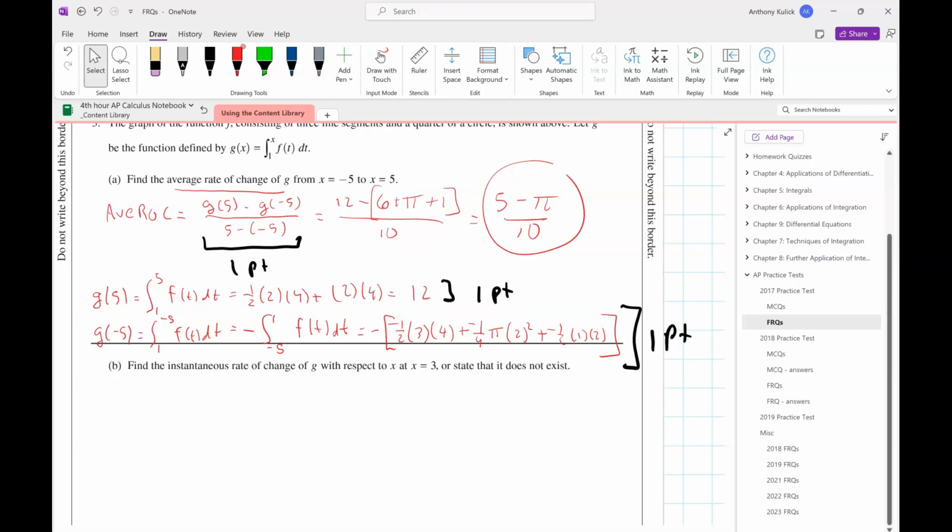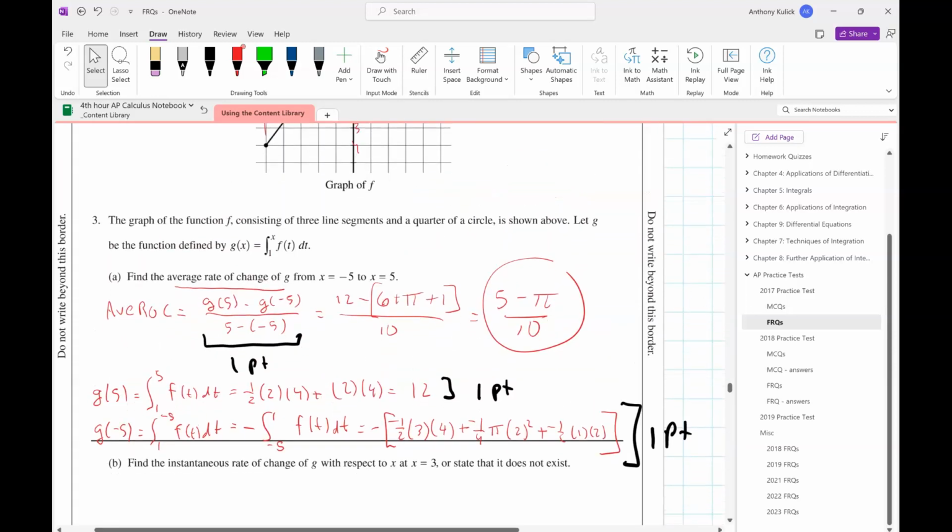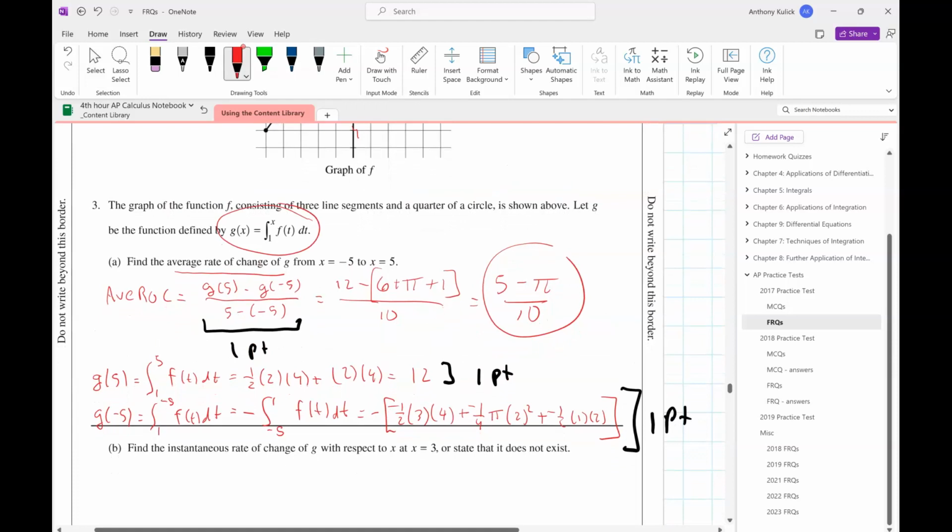Okay. Chanel? So I don't really understand. So I put down the average rate of change, but for the g of 5 and g of minus 5, what's the difference? You found the average rate of change, but then what are you doing in g of 5 and g of minus 5 with the integral? Well, it tells us that that's how you find g of 5. g of x equals the integral from 1 to x of f of t dt. But didn't you already find the average rate of change with the 5 minus pi over 10?